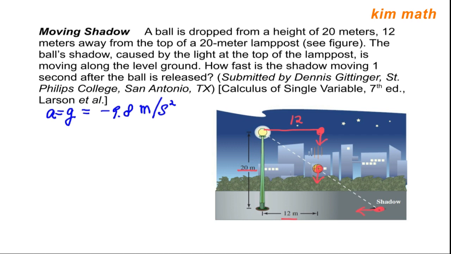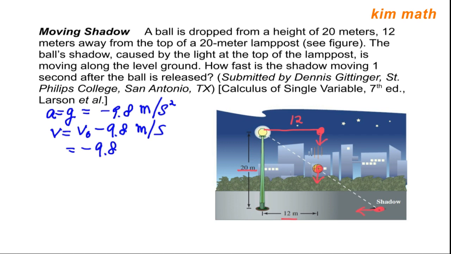And what is the velocity? Velocity is initial velocity minus 9.8 t. In this case we just release the ball, which means initial velocity is 0, so you can use negative 9.8.